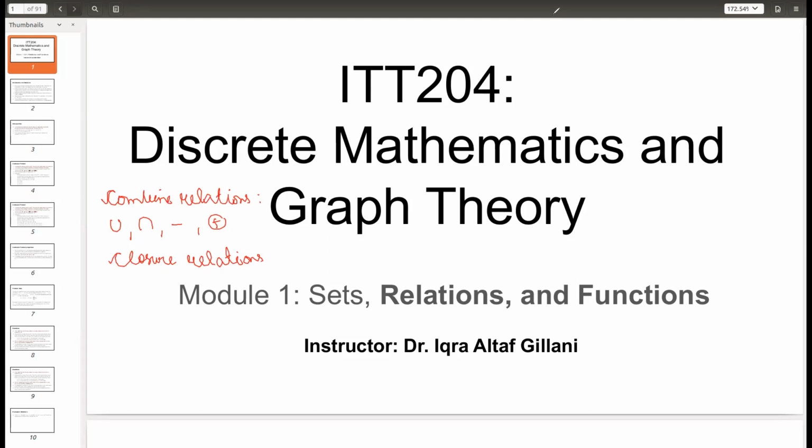That was called the closure of that relation. Specifically, if I talk about a reflexive closure of a relation, it included all such diagonal elements a comma a which are not currently in R. So any diagonal or identical element a comma a which is missing in R, if you add all such pairs, then you make the relation a reflexive closure.